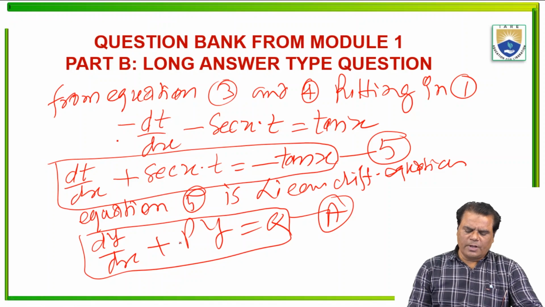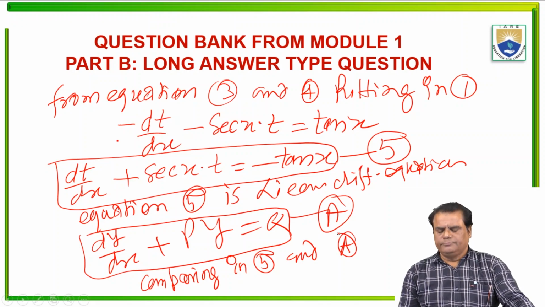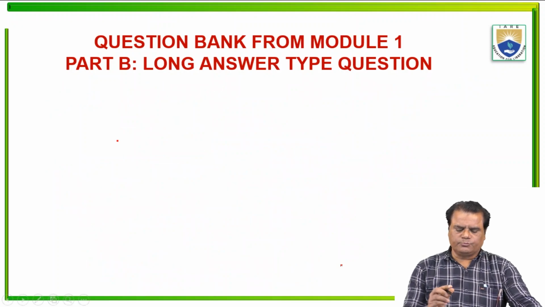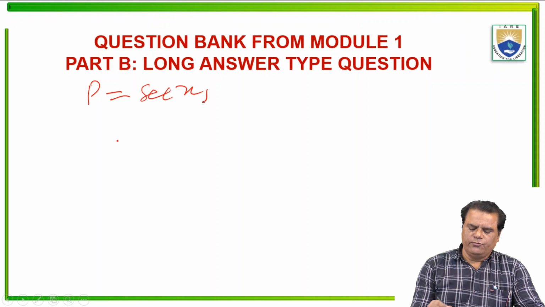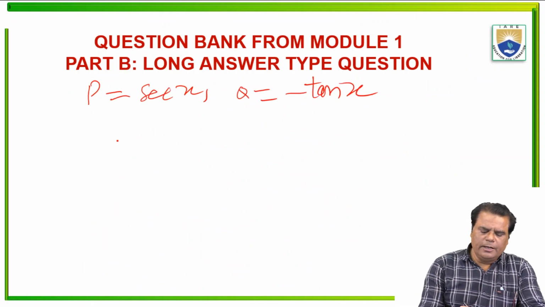Now comparing 5 and A, we get here: what is P? P is sec x. What is Q? Q is -tan x.